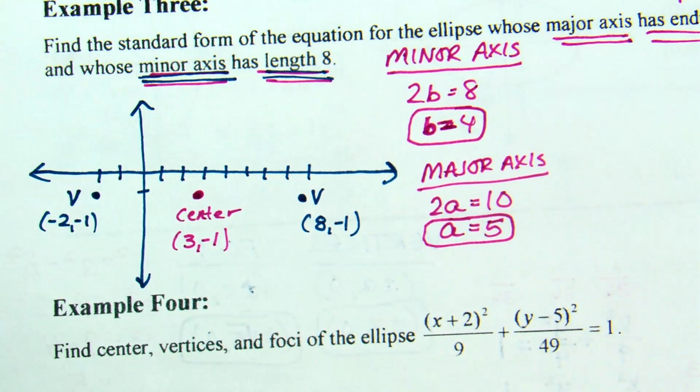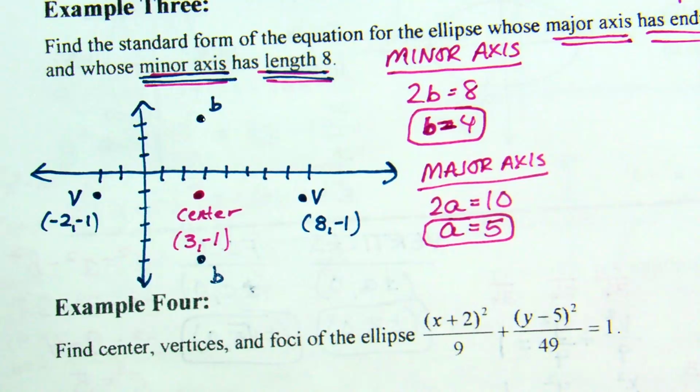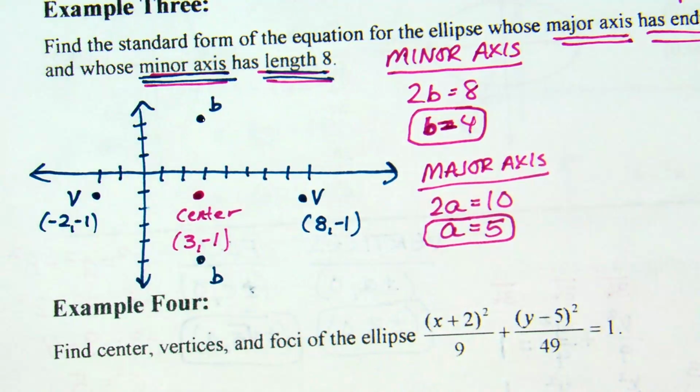B is 4, so I'm going to go up 4 and down 4. And those are my B values. Okay? And that's up 4 and down 4 from your center. Not from 0, 0. That's what you guys did, isn't it? Yeah. From the center.